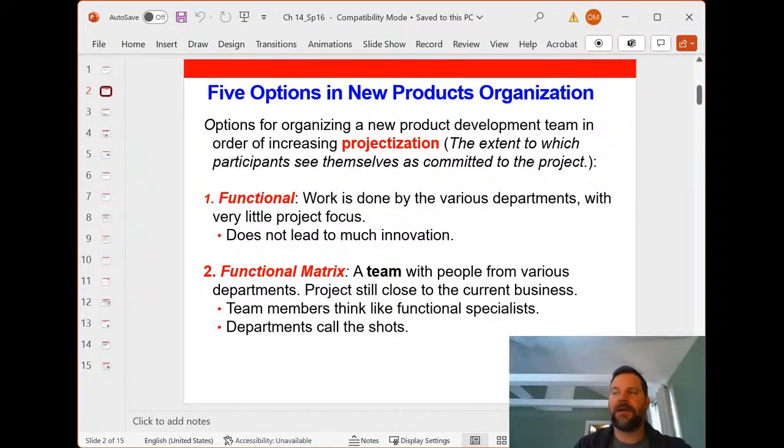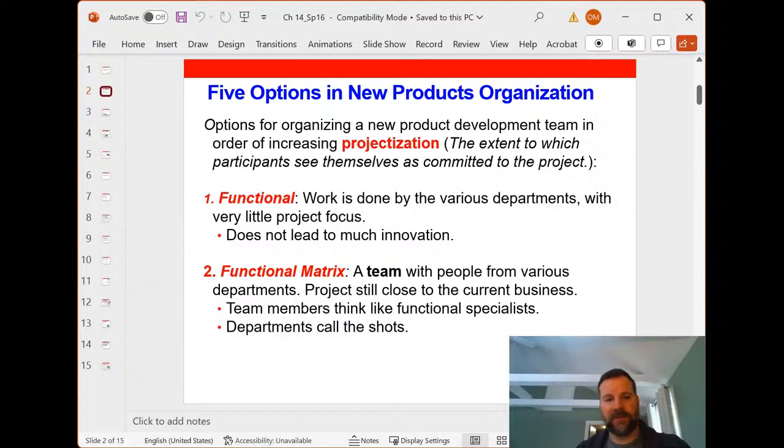If you're coming out with new packaging or new flavors of a product, like potato chips, you're not reinventing the potato chip. You're just coming out with new flavors, which is essentially new spice mixes. You can do a functional mix in that case where you're staying in your originally assigned departments and doing your everyday job.